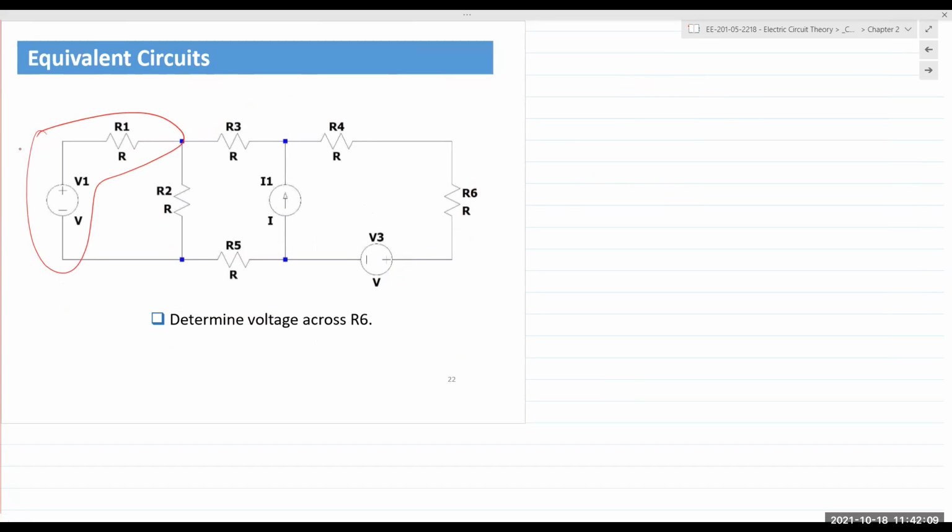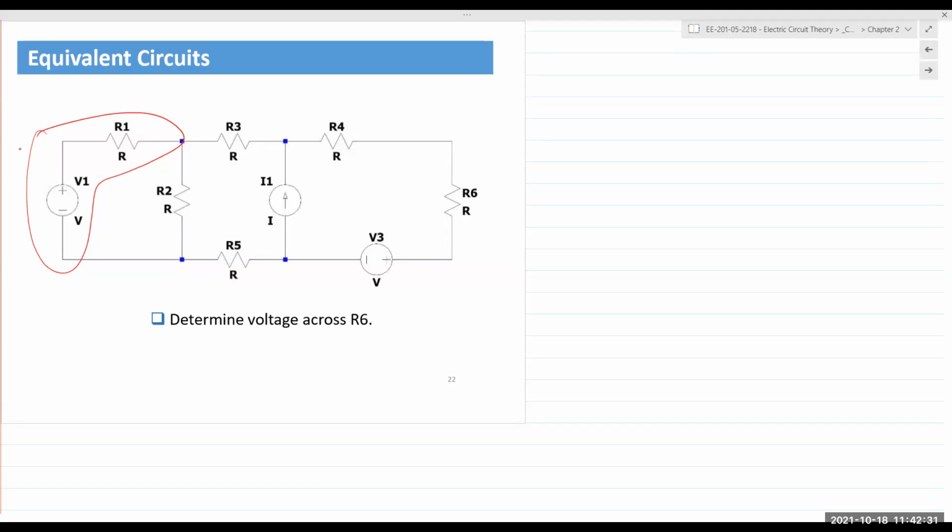So if we wanted to, we could transform this voltage source into a current source. In some cases, it makes analysis easier. It doesn't seem so right now, but when we look at the examples, it will. Possibly we can transform V3 and R6 also.